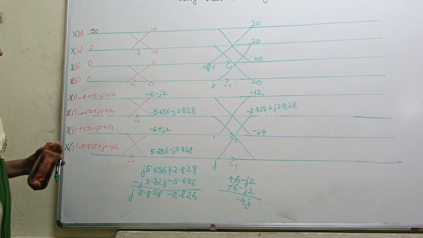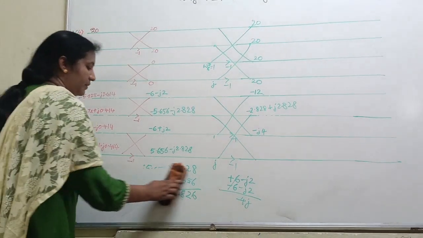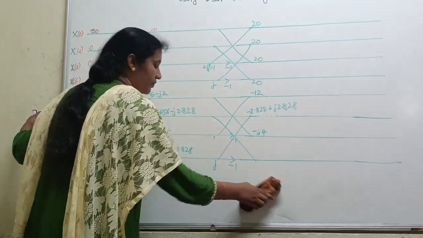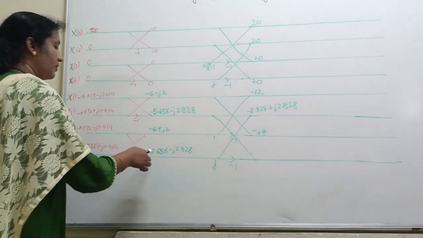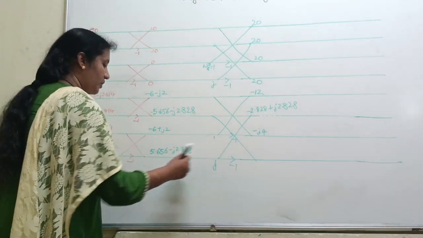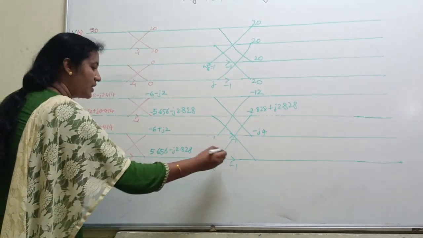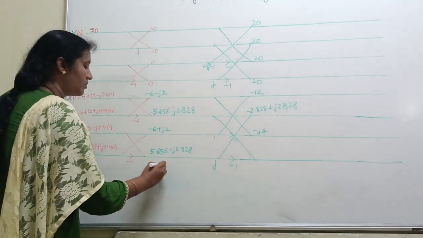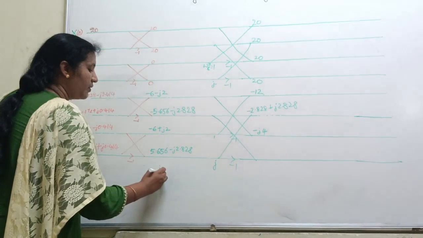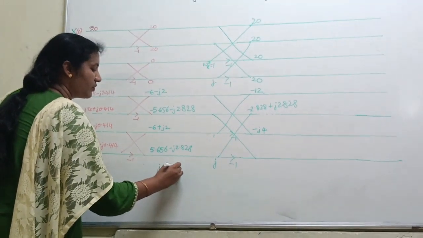Next, here, when you are passing 5.656 through minus 1, what will you get? You have to multiply j with minus 1, so your expression becomes minus j 5.656.